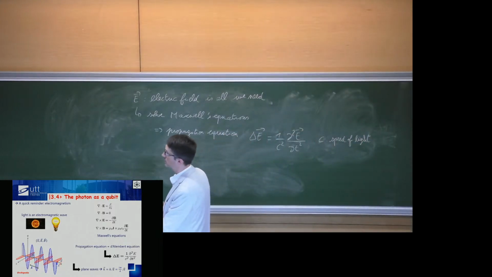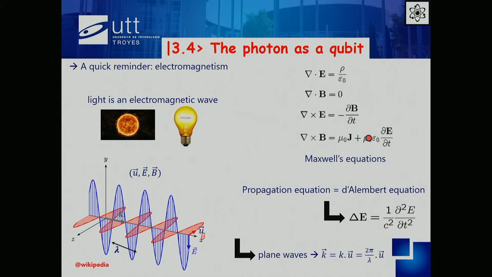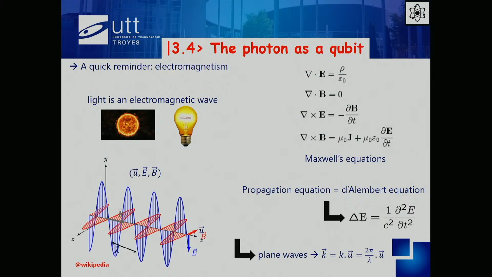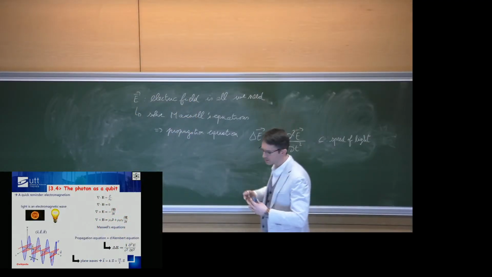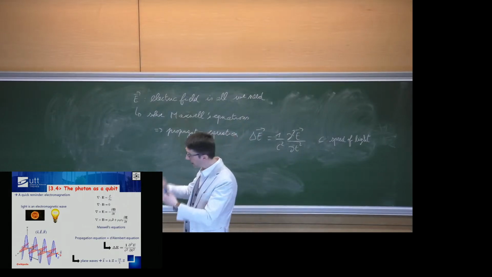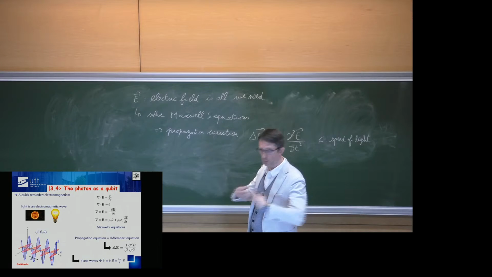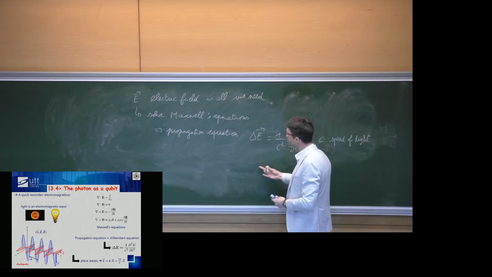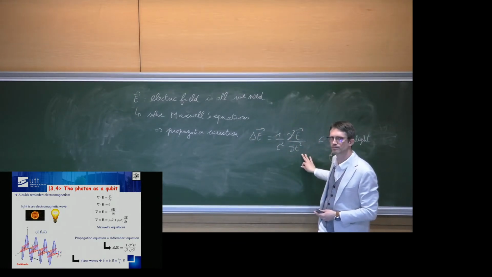And c is a combination of these coefficients, equal to 1 over these two coefficients. But whatever, it doesn't matter for now. So I've got this propagation equation. What it means is that we have an electromagnetic wave that can propagate in time and space, and the propagation of this wave is governed by this equation.